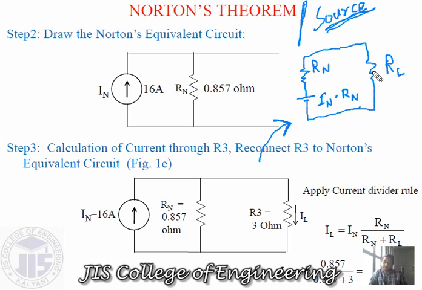So in Thevenin's theorem we find the open circuit voltage, and in Norton's theorem we find the short circuit current. The next thing is the Thevenin resistance or the Norton resistance.